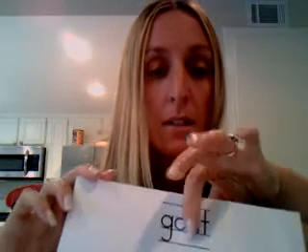When two vowels play a game, the first one says his name, I'm an O, and the second one stays quiet. So if he says his name, the word is going to become g, o, t, goat. Okay, rule number 2, make sure you say 2 after it.